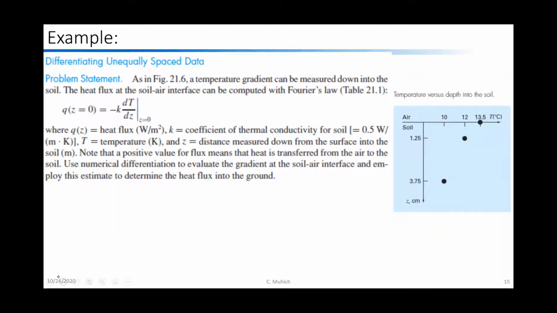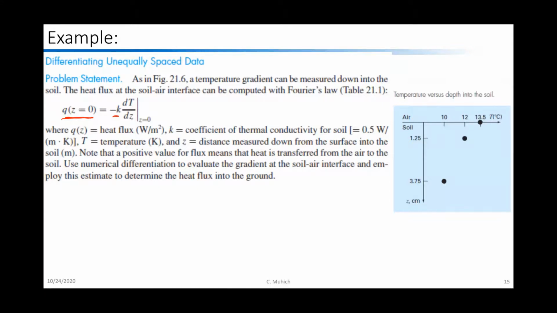So let's say we're looking at soil temperatures, and we want to know what the heat flux is at the soil and air interface, which we can do using Fourier's law, which says my heat flux is equal to K dT/dz. In this case, we want to determine what that gradient is at the soil-air interface in order to determine what the heat flux is.